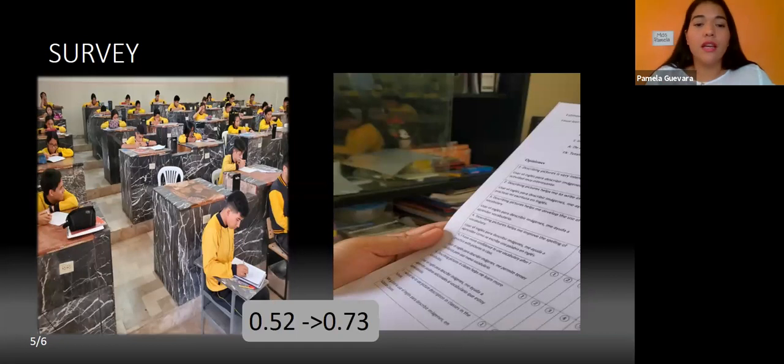This is the result. The reliability was low, but thanks to the advice of my coordinator, I was able to take it again. I had to take it again. And then I found that the reliability was good because I took the test to a bigger group.